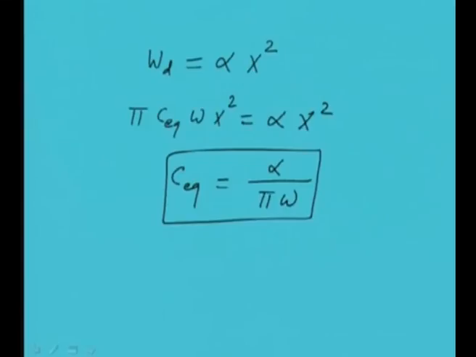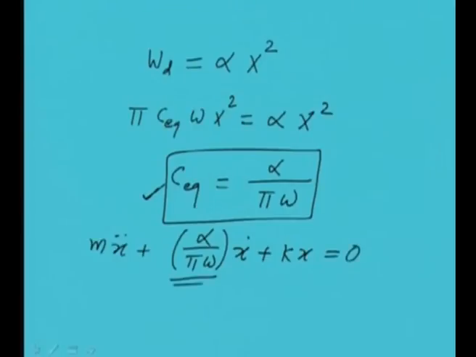Once we obtain the viscous damping, we can use whatever analysis we have done for the viscous damping model. So the equation will take this particular form, like this. So you can see that we have simplified the analysis by using the equivalent viscous damping model.